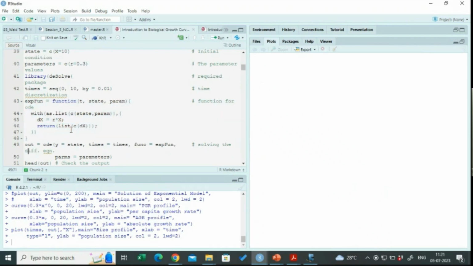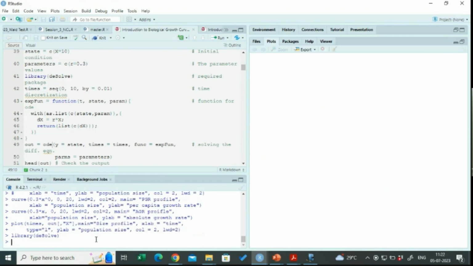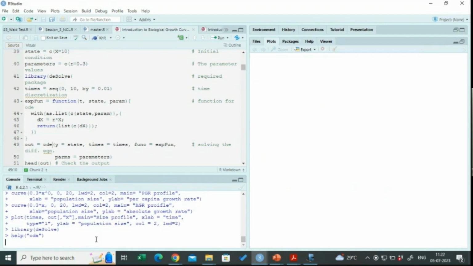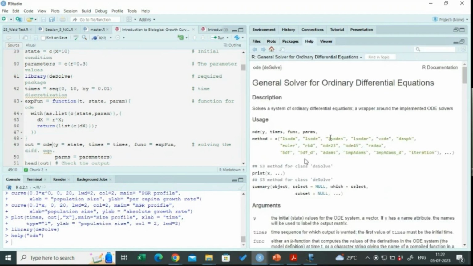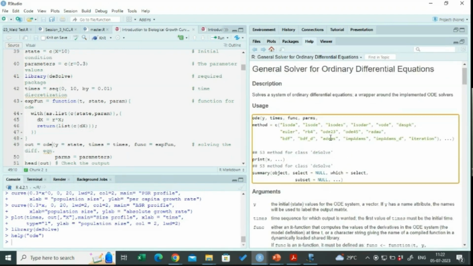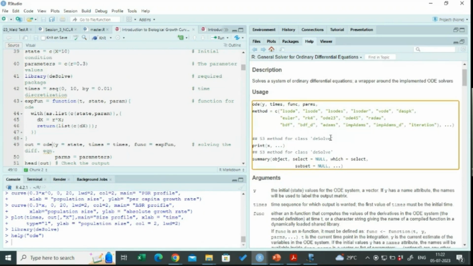Then you run the function ode, which is available in the deSolve package. So what you can do is write library(deSolve), and you can write help(ode). The help page comes up automatically. You can get some help from ode, and I think mathematical biologists are mostly comfortable with the RK4 method and ode45.